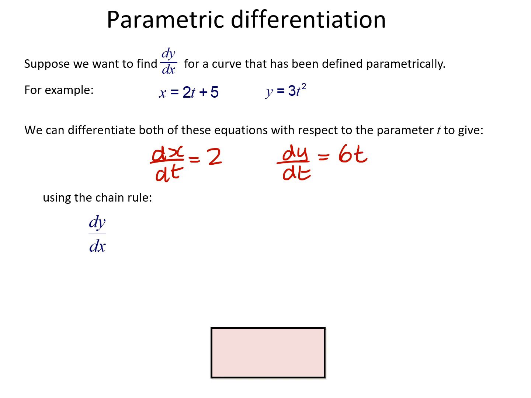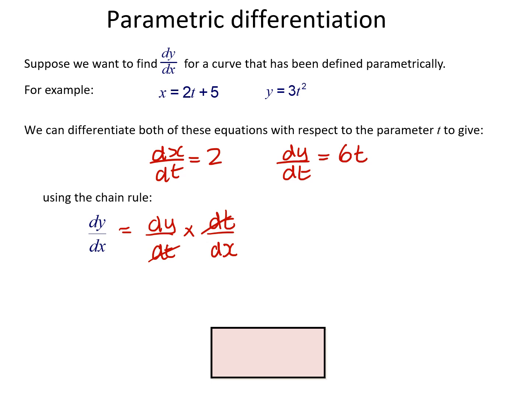Then if we use chain rule, hopefully we can see that if you were to do dy/dt times, and invert the other one, dt/dx, you'd end up with dy/dx, won't you, because the dt's cancel.